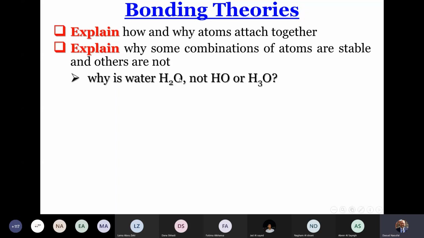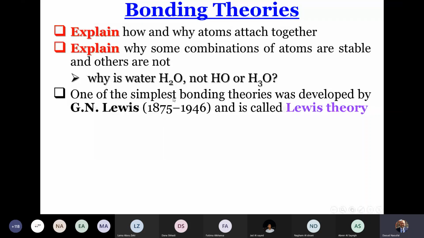That means the oxygen is bound to two hydrogens, so we have two O-H bonds. The question: why is the molecular formula of H2O not HO, for example, nor H3O? To explain the presence of this molecular formula, we use the bonding theories.